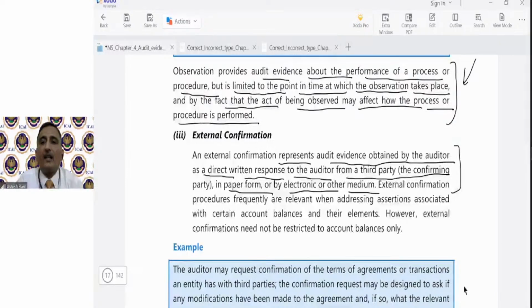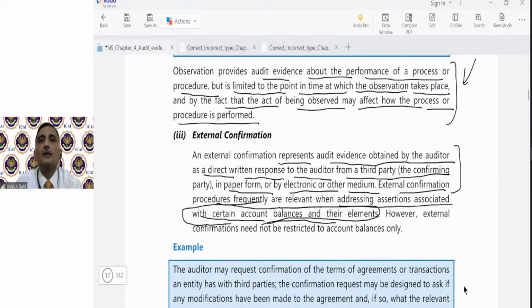So external confirmation request procedures are relevant when addressing assertions associated with certain account balances and their elements. So external confirmation procedures generally कहाँ अप्लाई करते हैं?